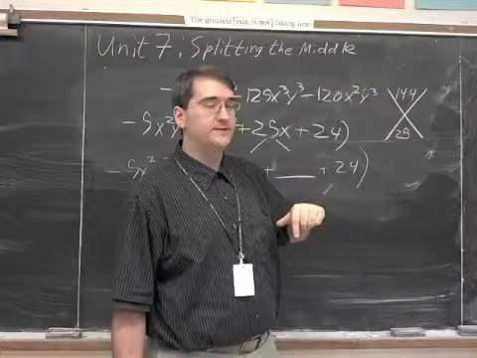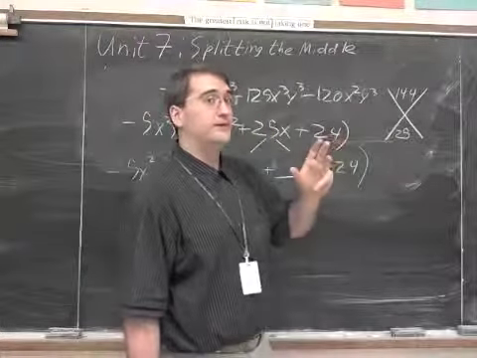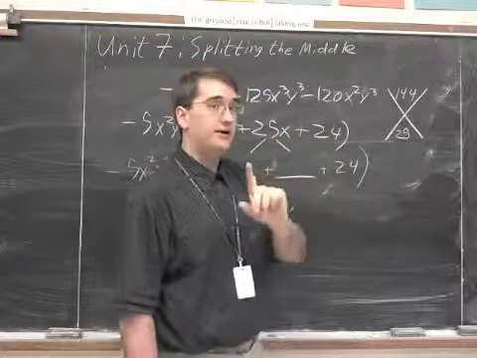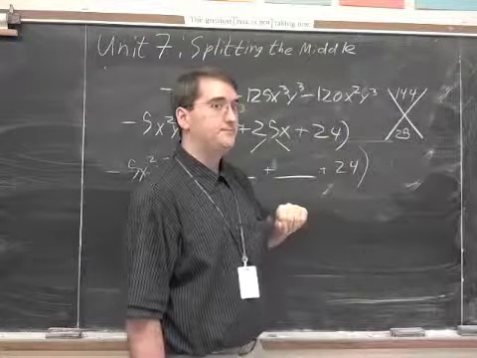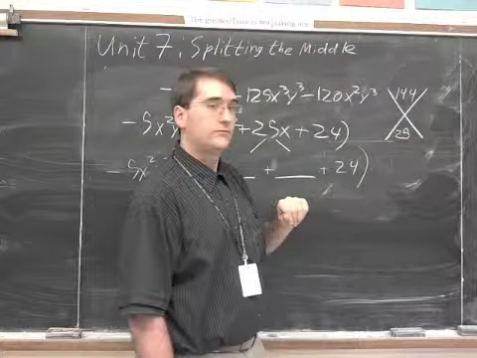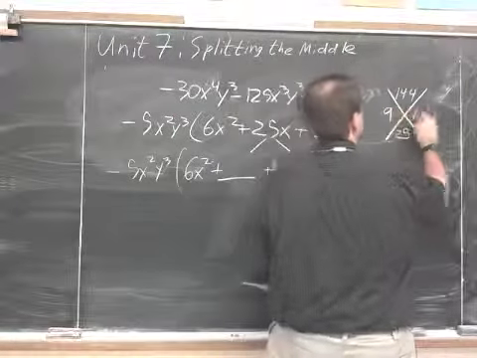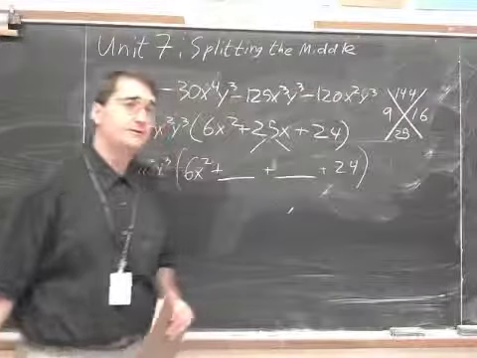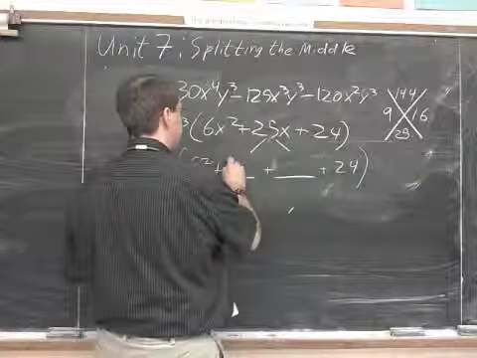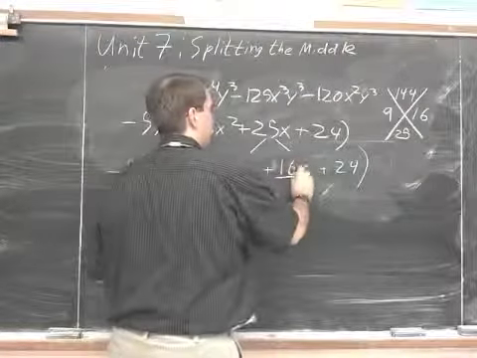Pause the video for a second, see if you can figure it out. Maybe you identified it right away, but if not, pause and see if you can figure it out. You should have it. It's 9 and 16. And again, it doesn't matter if you do 9 and 16 or 16 and 9. We have 9x.